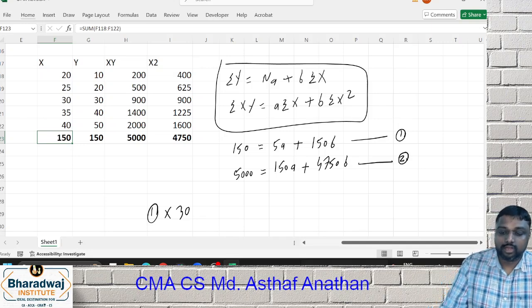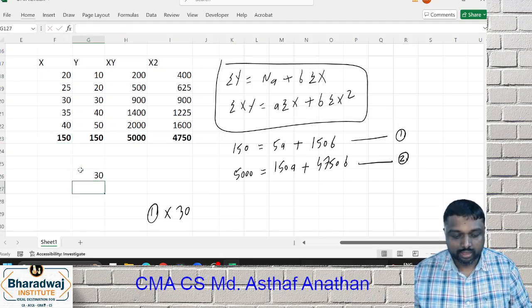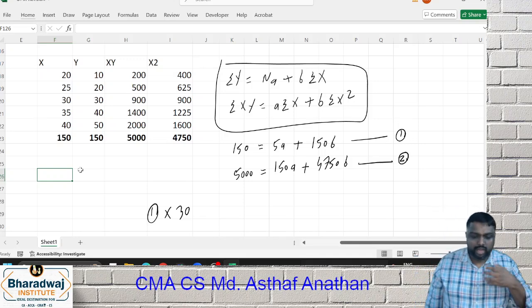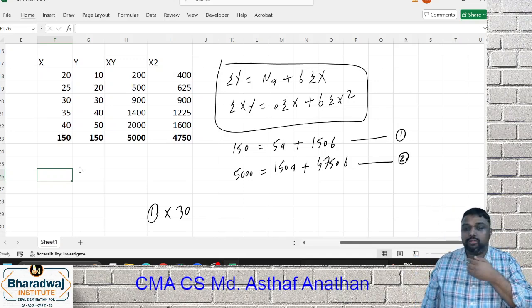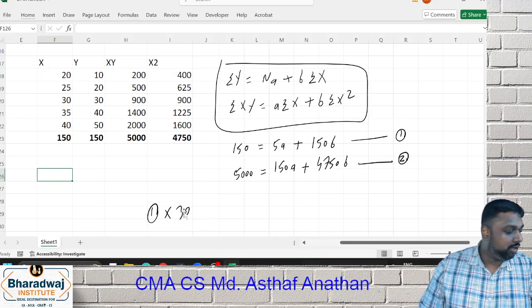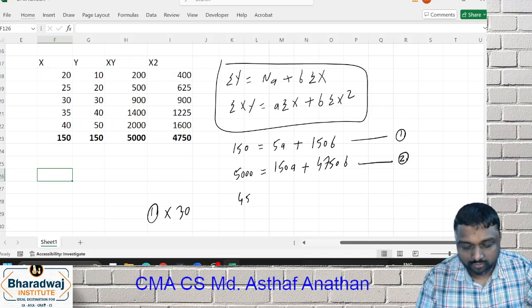The reason how you got it now, I will tell you this: you have to cross multiply. So 150 by 5, you get 30. This is one of the shortcut methods. You might have learned a lot of methods; I'm doing this for the benefit of everyone. So can anyone tell, 150 into 30, what will you get? 4500.